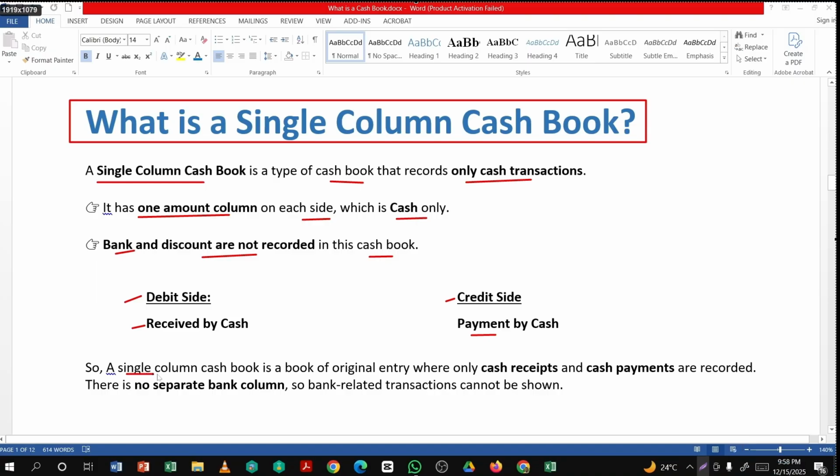So, a single column cash book is a book of original entry where only cash receipts and cash payments are recorded. There is no separate bank column, so bank related transactions cannot be shown.